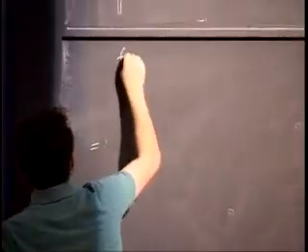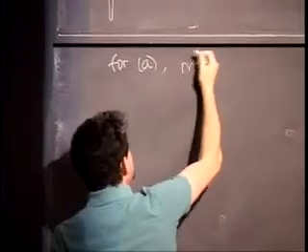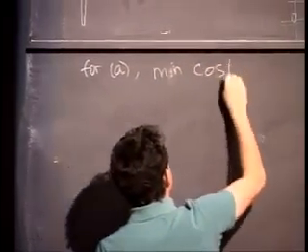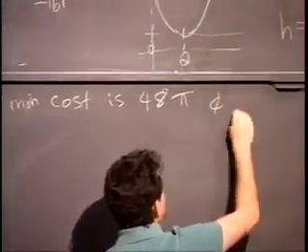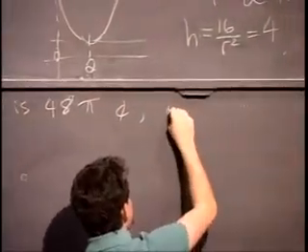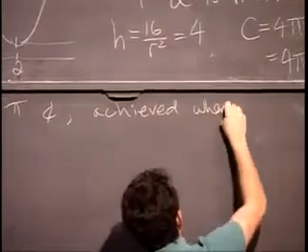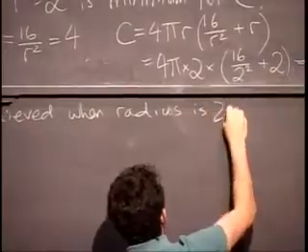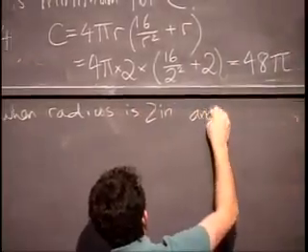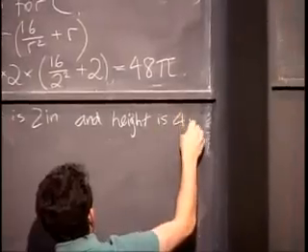So for part A, the minimum cost is 48 pi cents, and it is achieved when the radius is 2 inches and height is 4 inches.